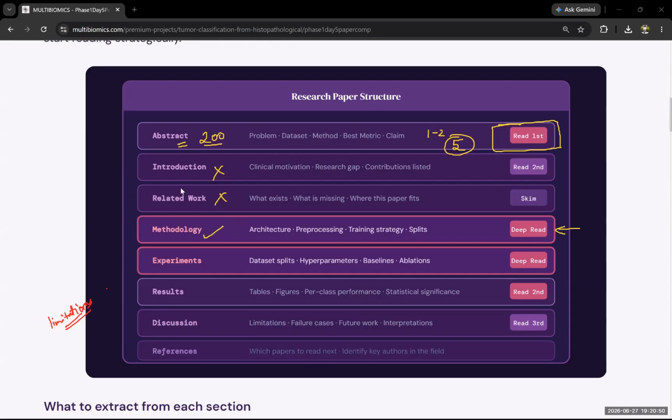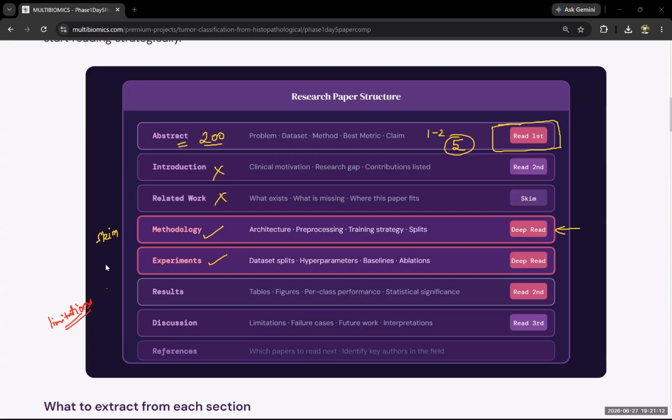What I'm marking with the yellow color is for the first read only: abstract, methodology and experiments. With this you will understand whether you should go with this paper, and you just skim through it.